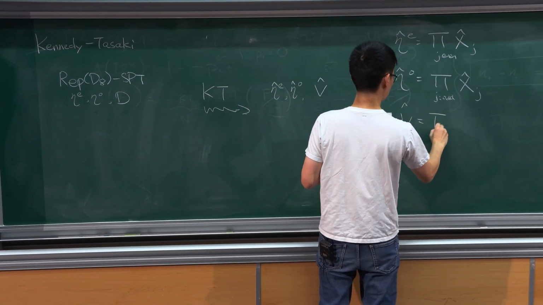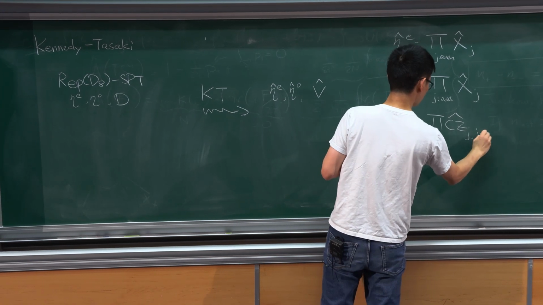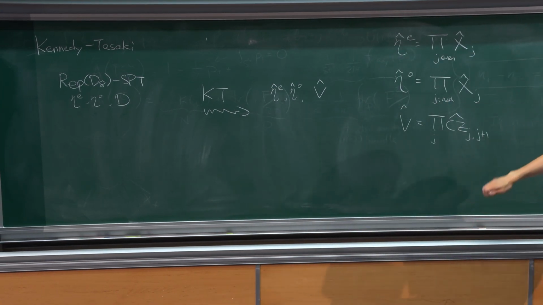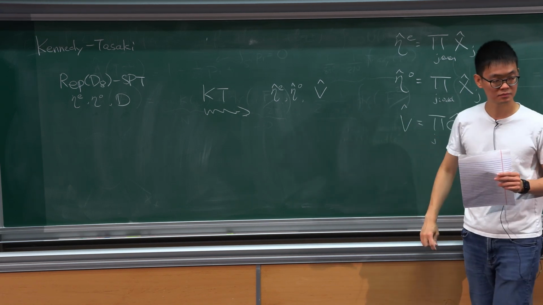This V hat, I'm really using the same notation, is the entangler we discussed earlier between the cluster state and the product state. But I put a hat because now we are on the right-hand side.